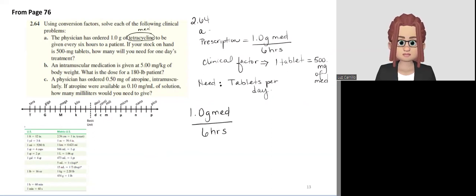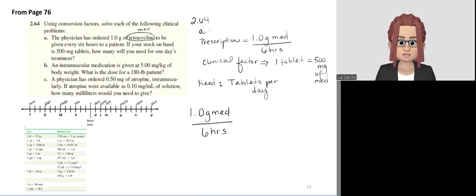When I look closely at the problem, I can see that my medication and my clinical factor do not match in units. So before I proceed and set up all the other fractions in my dimensional analysis, I should match the units of the medication with the units of the clinical factor.